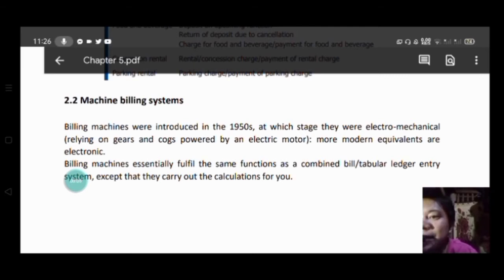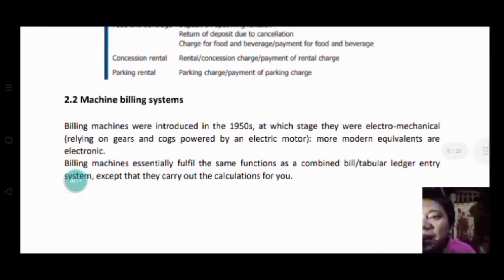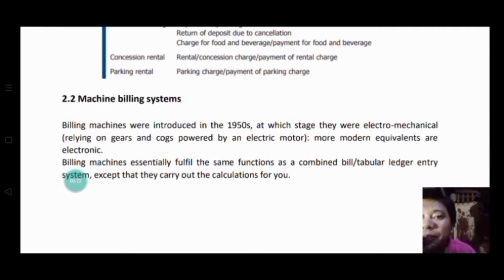So, machine billing systems. Billing machines were introduced in the 1950s, at which stage they were electromechanical, relying on gears and cogs powered by an electrical motor. More modern equivalents are electronic.